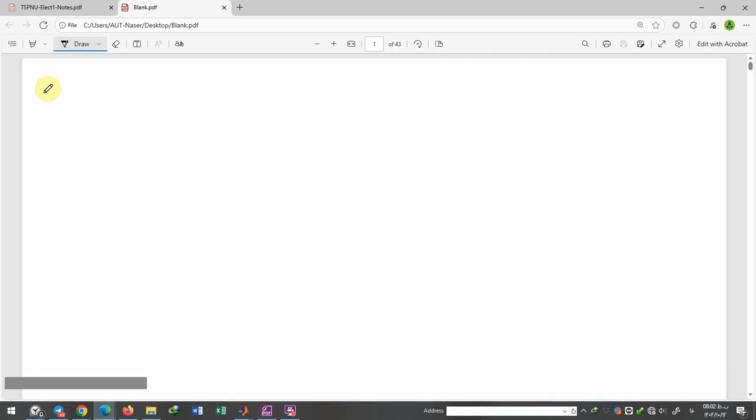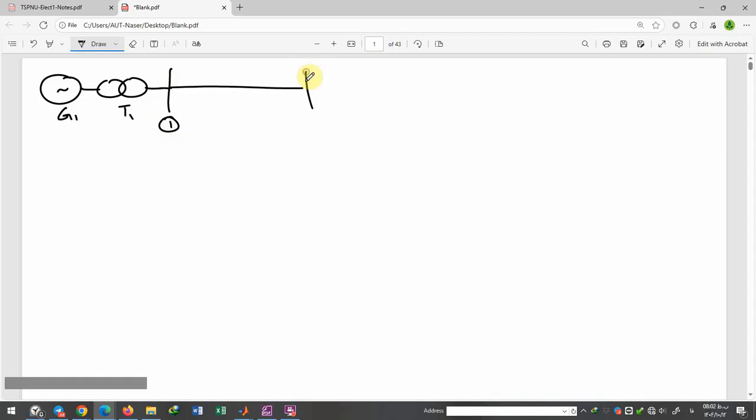One of the problems we solved in the in-person class was about this power system: a generator called G1, transformer T1, a bus called number 1, a transmission line, another bus number 2, and a transformer and generator connected to bus 2 as G2 and T2, and bus number 3 in the middle of the power system and transmission lines.